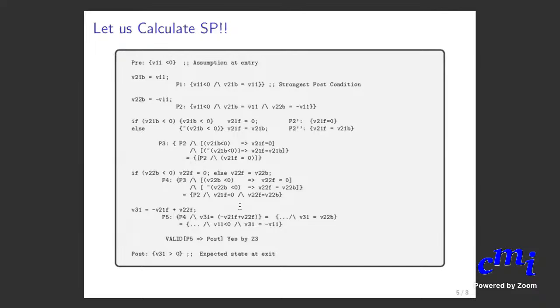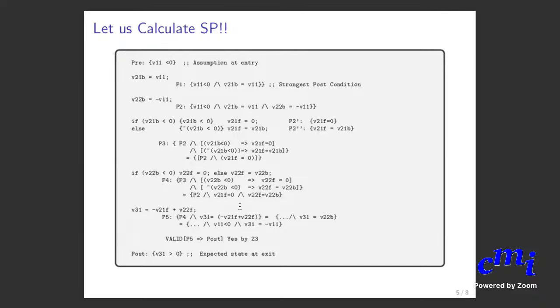Under the assumption V21B is less than 0, you can add V21B and then get this. Here I'm assuming that P2 prime has all these things and this. And here, this and this one.